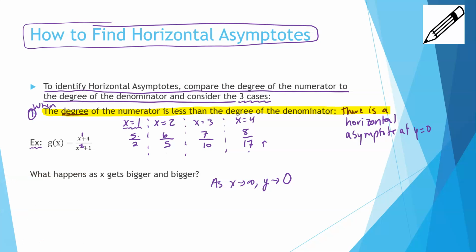Okay? All right, so that's the first case. Again, do you have to really know how to show all this work? Nope. You just need to see that as soon as the degree of the numerator is smaller than the degree of the denominator, your horizontal asymptote is always going to be y equals 0. All right, that's the first case.